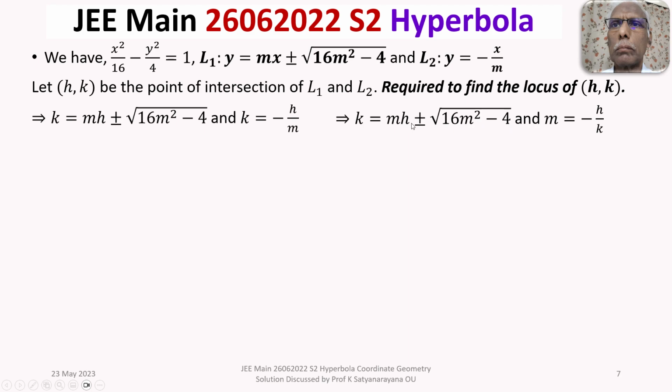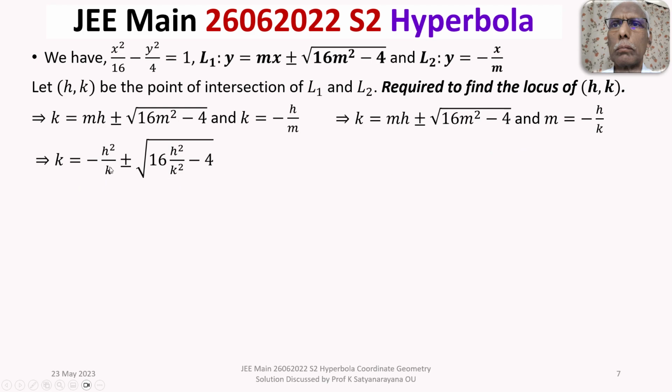Now eliminating m between these two, wherever there is m, write minus h by k, that will give you k is equal to minus h square by k plus or minus under the square root of 16 into h square by k square minus 4. So after elimination of m, we get this.